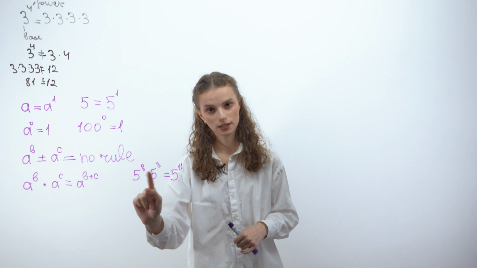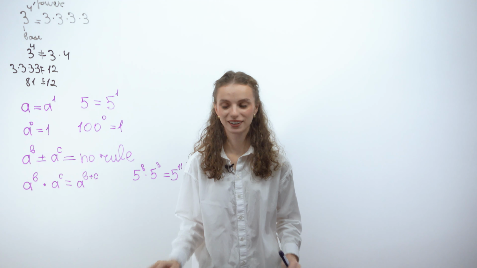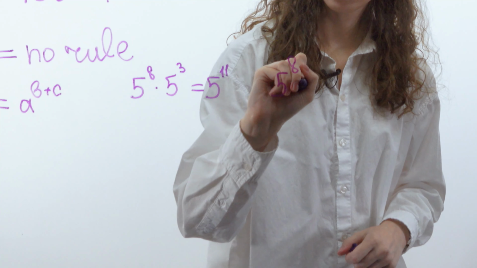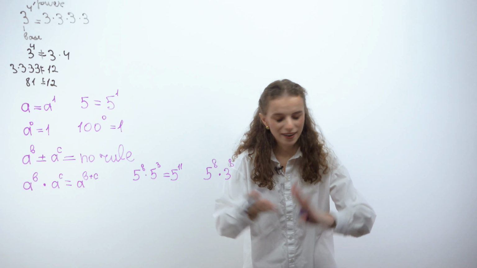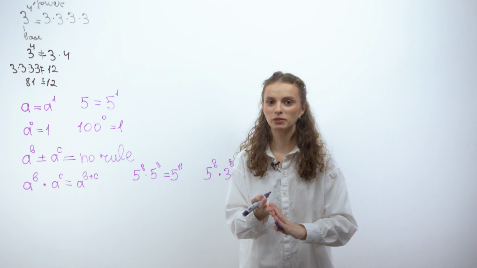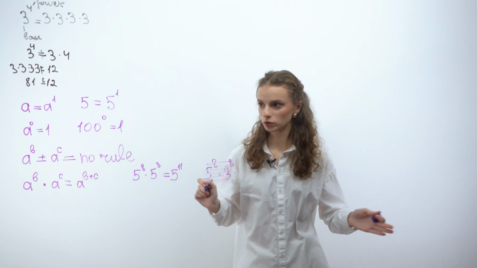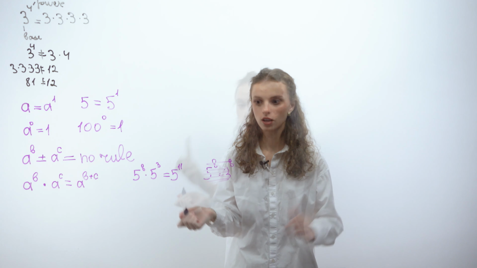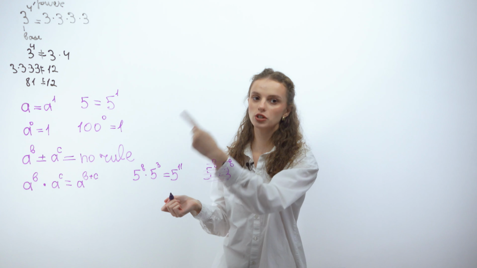Look, if the bases are not the same but exponents are, this is not going to work. For example, you have 5 to the 8th power multiplied by 3 to the 8th power. In this case, you cannot add exponents, you cannot add the bases, so there is no rule for this. No rule. Just like here, there is no rule, okay? Only the base can be the same, and it needs to be either multiplication or division.